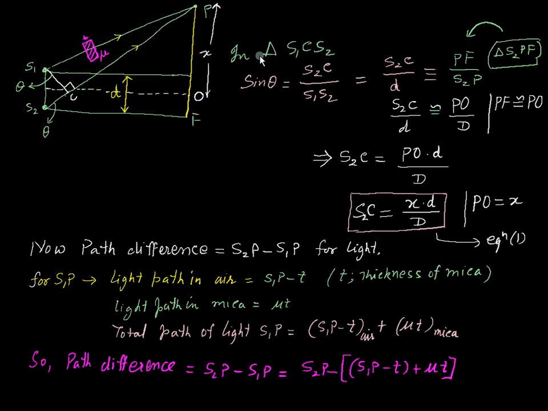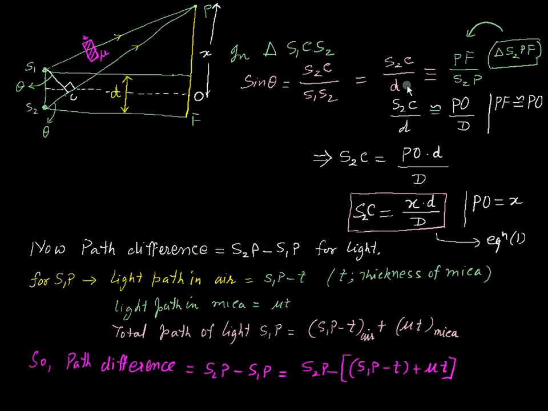Now we use the first triangle S1 C S2. This one is the angle theta, so sin theta will be equal to S2C upon S1S2, where S2C is the perpendicular and S1S2 is small d. So this will be equal to S2C upon d.